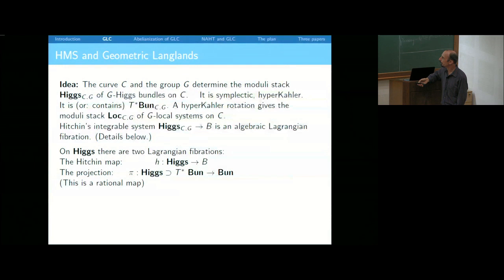So you see that the complications are going to come from the locus where pi is not defined. And that comes from bundles that are stable as a Higgs pair, but the underlying naked bundle is not stable. So those are going to play a key role in much of what follows.